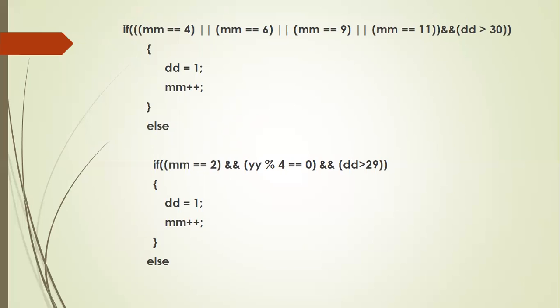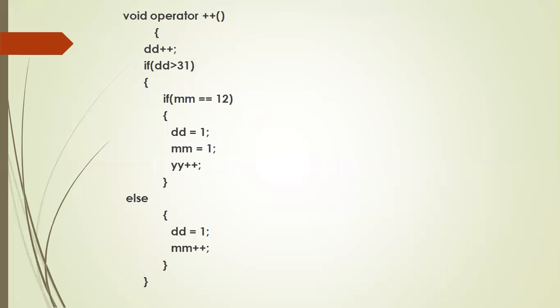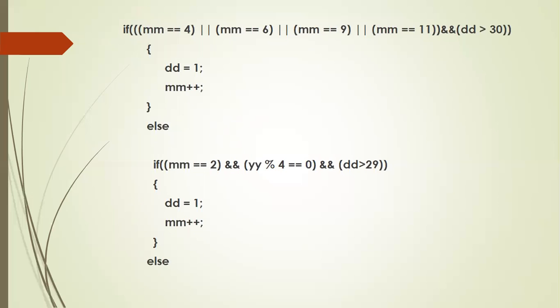Else, suppose the given date is 29/2/1980. So the date value is 29, the month is 2, and the year is 1980, which is a leap year. To start with, I will increment the date. So from 29, it becomes 30/2/1980.